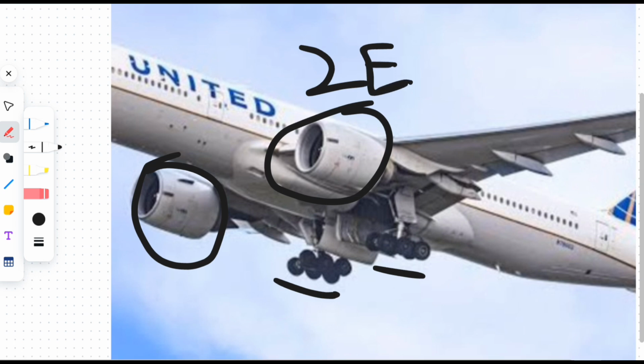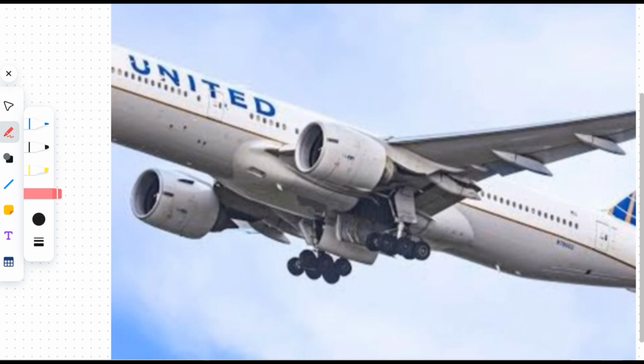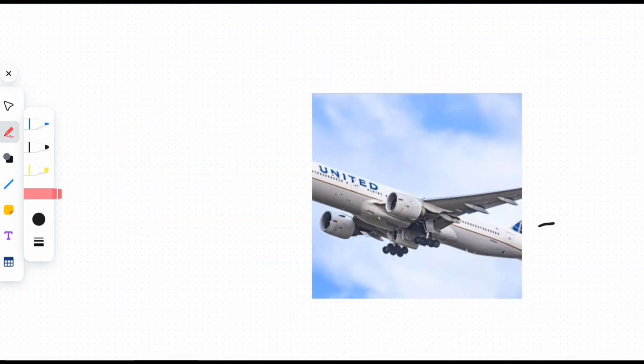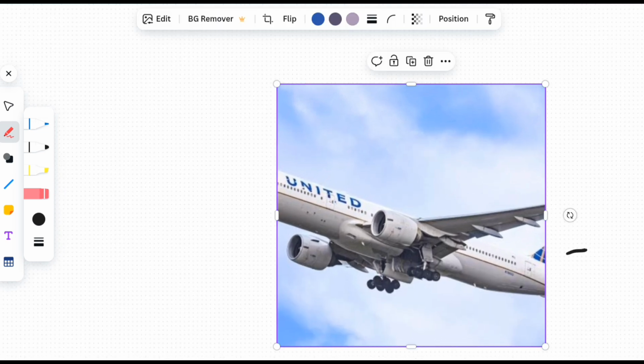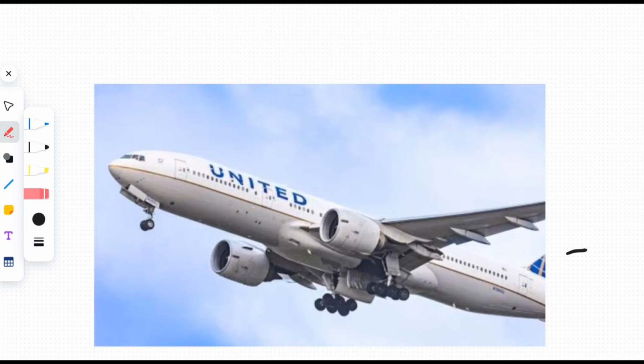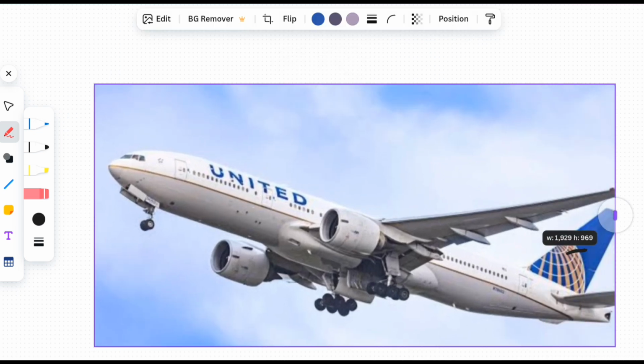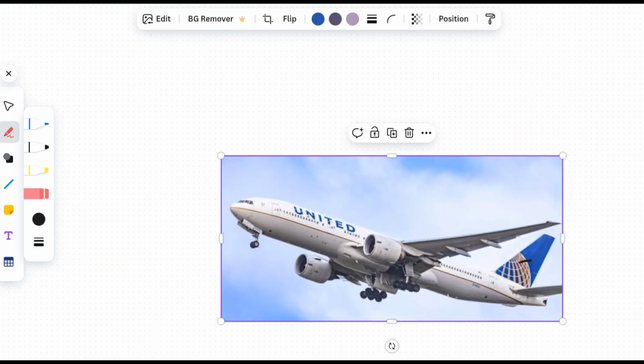Sometimes if you see more planes, there would be three to four, but here it's a Boeing of United. So it has two engines and two tires. The tires are very helpful for landing. They carry most of the weight of the plane. So the tires should be strong enough for landing or for taking off.